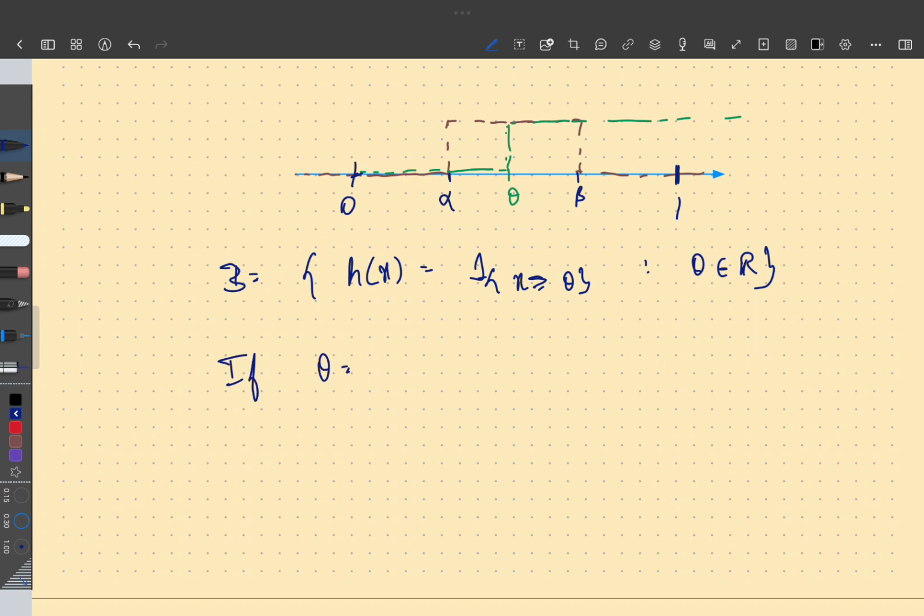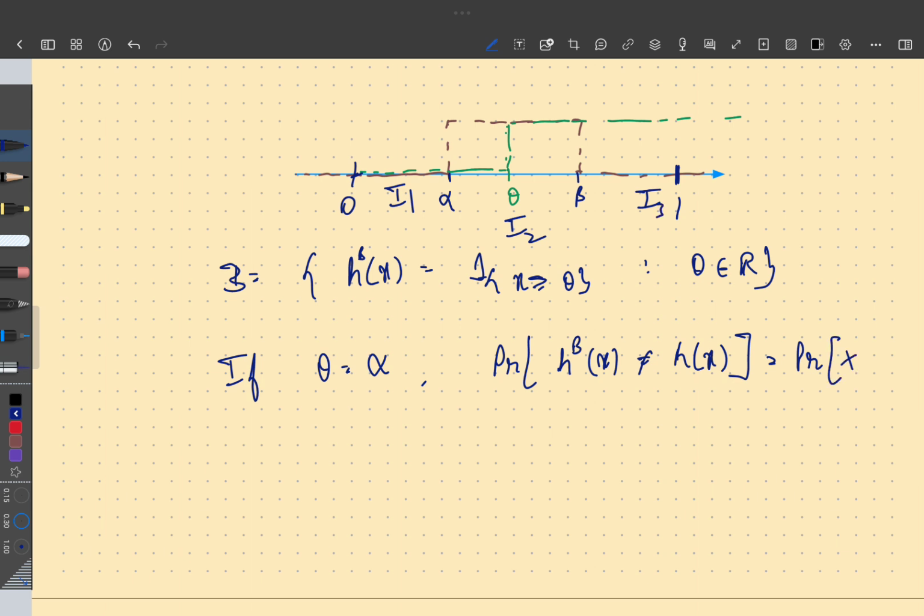So let's say I choose theta equal to alpha. Then the probability that HB is not equal to H... Let me call this region I1, this region I2, and I3. So this is the probability that X is in I3.